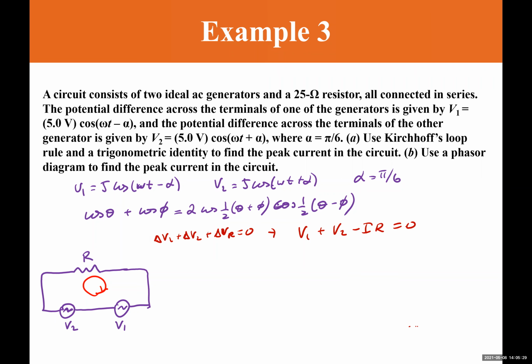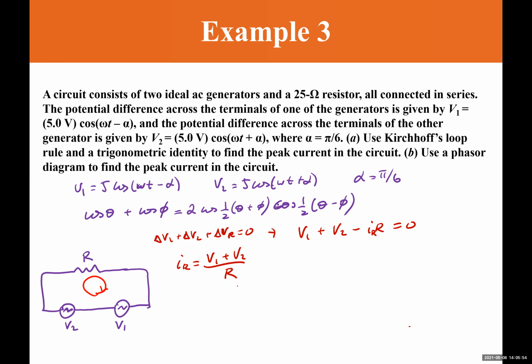You can write that as I R, the current of the resistor. So I R equals V1 plus V2 divided by the resistance. This is the equation we want, the equation for the current.